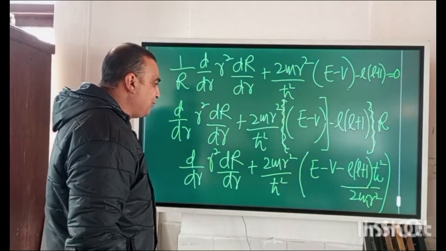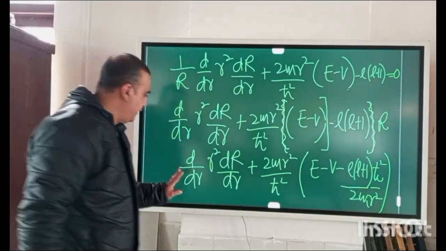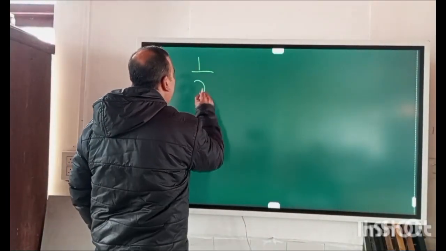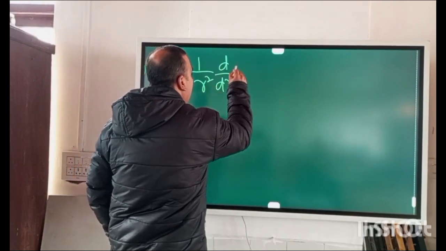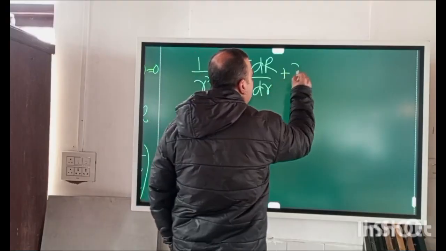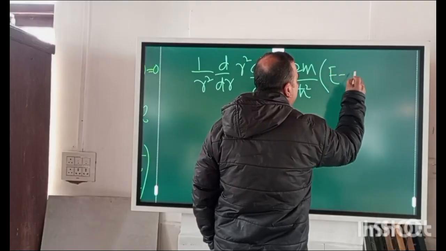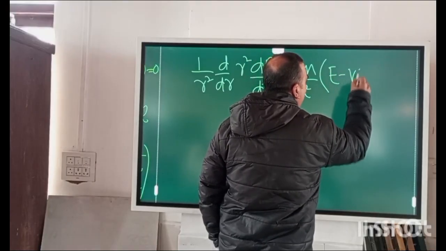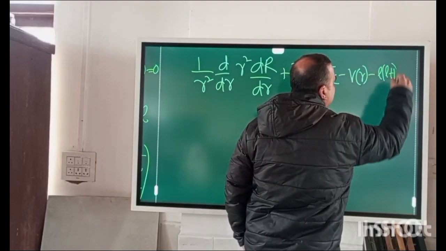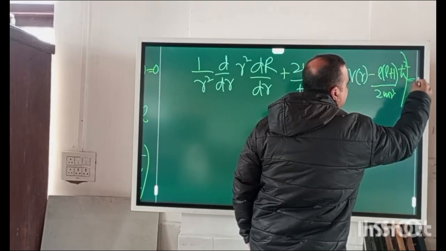Another change I want to bring in here. Have you written it down? Let me move from here. I will write now 1 by r square d by dr of r square dR by dr plus 2m by h bar square times E minus V of r, then minus L into L plus 1 h bar square by 2m r square is equal to 0.